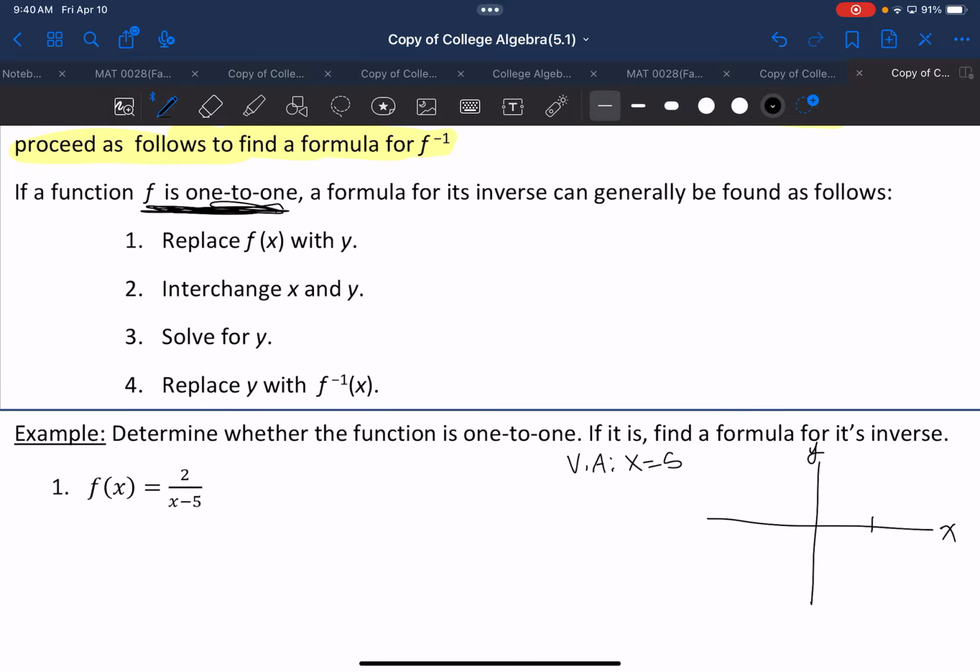And so let's say that was right here. So that's the imaginary vertical line that graph will never cross. The horizontal asymptote is y equals 0 because the degree on top is smaller than the degree on the bottom.